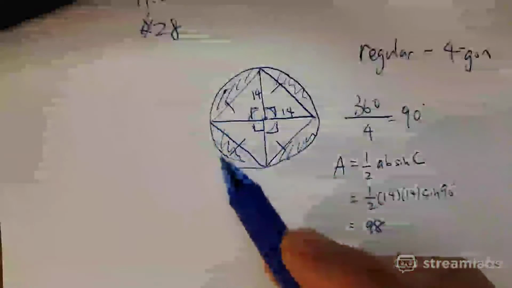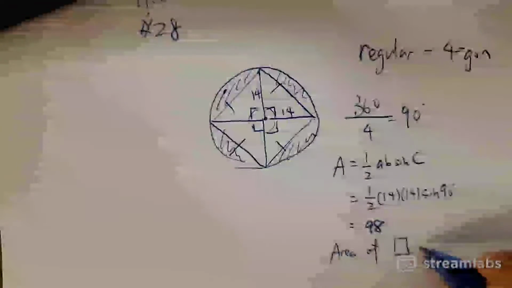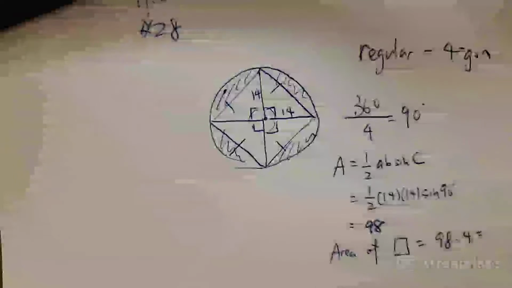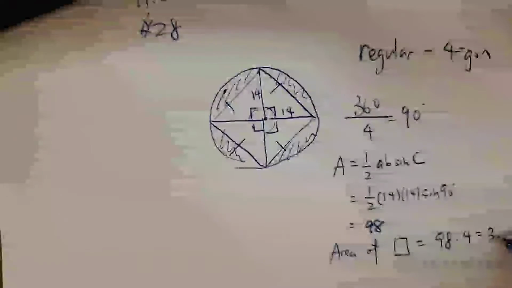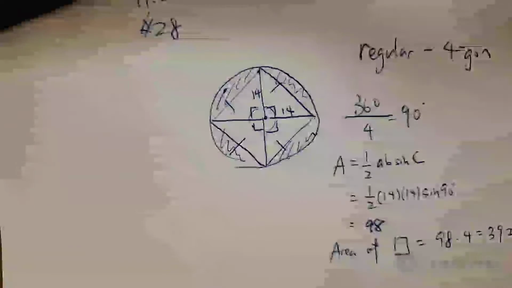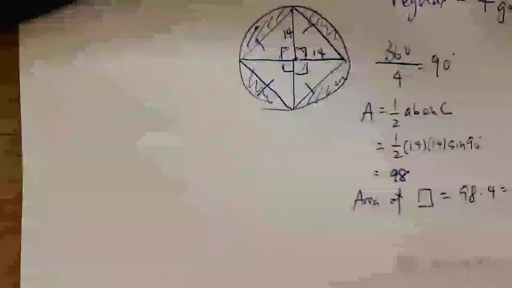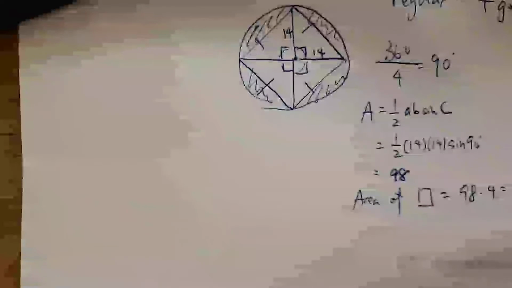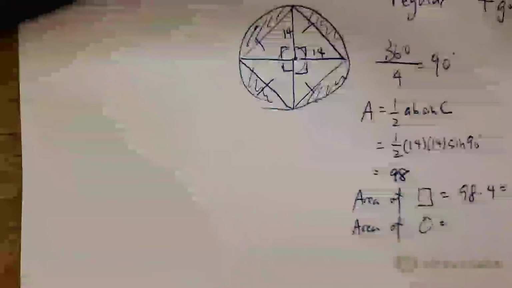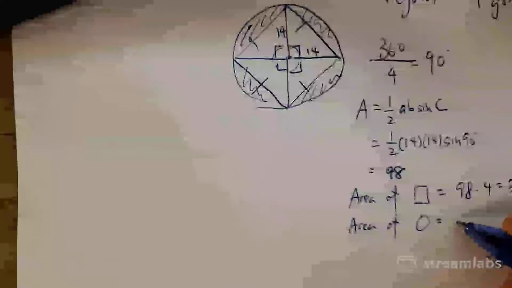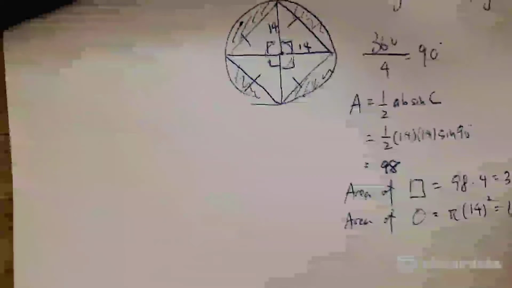Okay, but you have 4, so you can multiply this by 4. So area of the square is 98 times 4, which is 392. Okay, and then you have the area of a circle, which is pi times 14 squared, which is 196 pi.